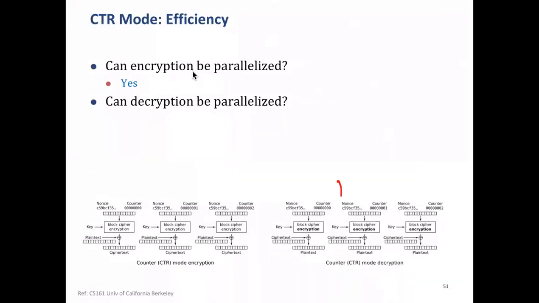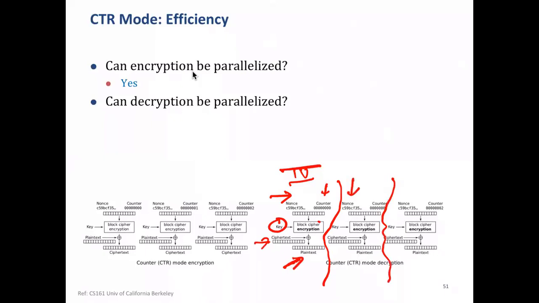Now note that, for example, here the nonce or IV is known. IV is known, and the counter of course starts with 0. The key is known, so he can do encryption, and ciphertext is also known, so he will get the plain text. Let's go to the second part. The nonce is known because it has been transmitted to Bob.